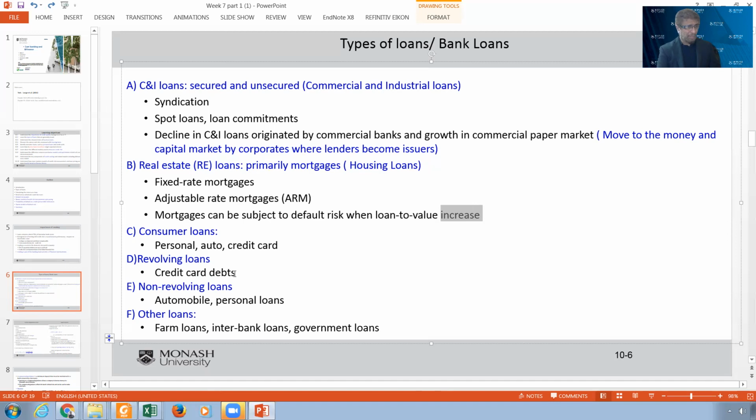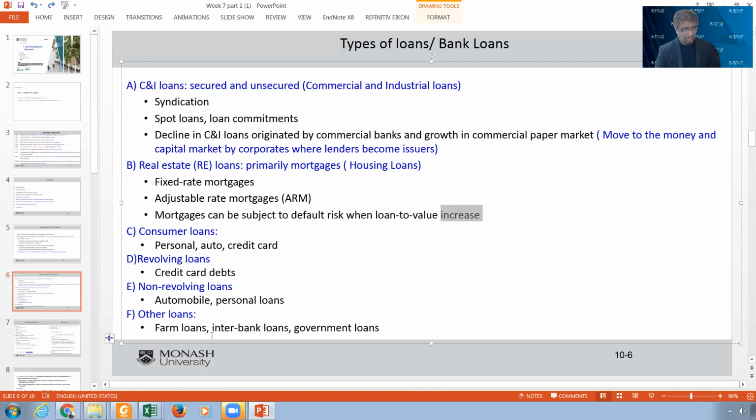And we have something called non-revolving loans, which is a loan for one time. When it ends, you have to have a new contract. This is what we call automobile loans, personal loans and other loans. And of course, the government can ask banks to give loans to some sectors that are disadvantaged in the system, because they want to encourage them, like farm loans.